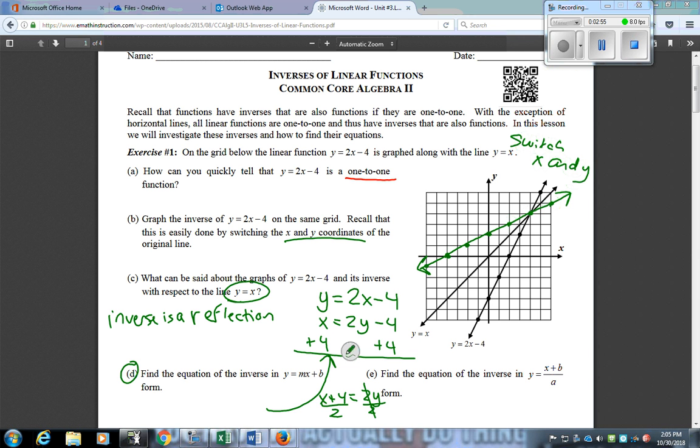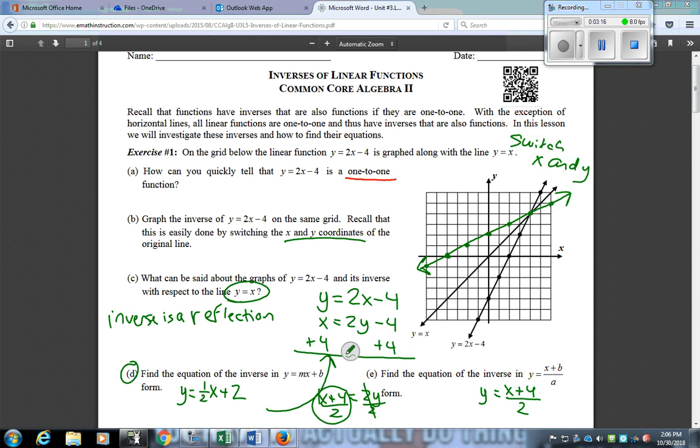So this is the form right here for E. That would be y equals (x plus 4) over 2. And for D, there's a 1 in front of that x, so it'd be 1/2 x plus 2.